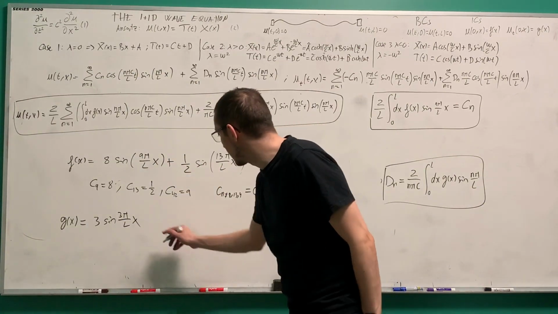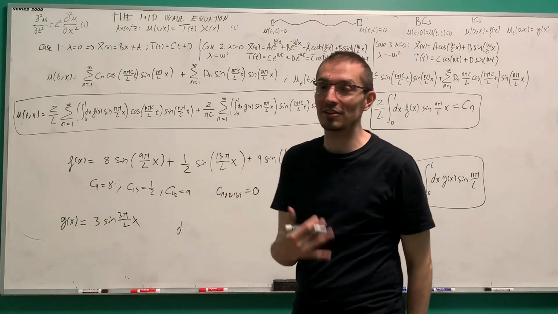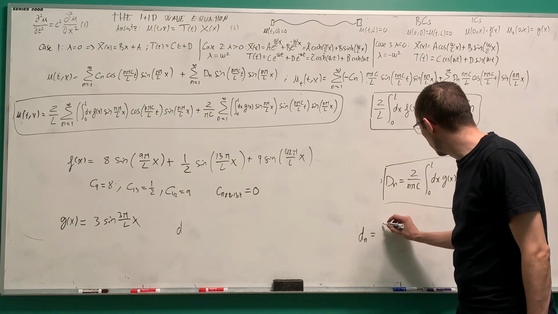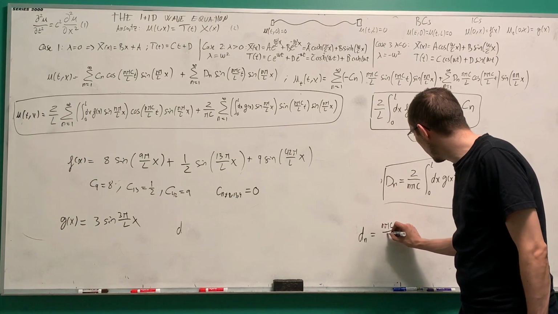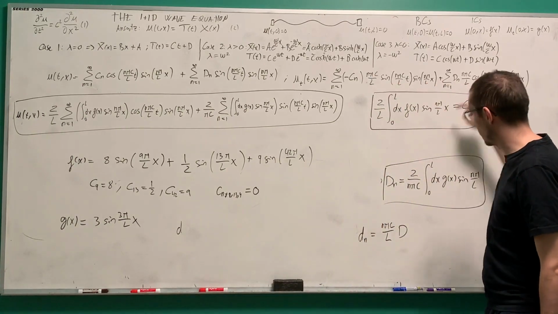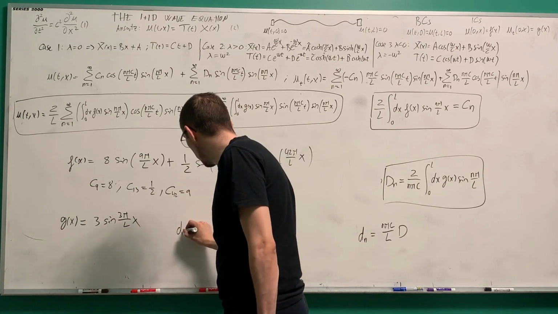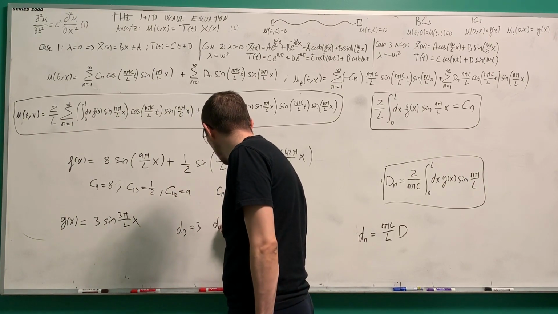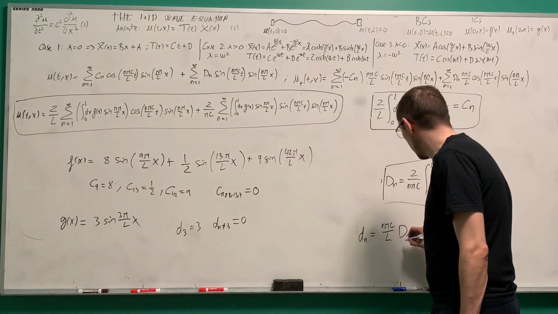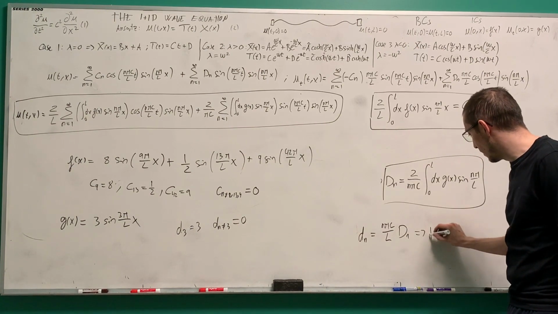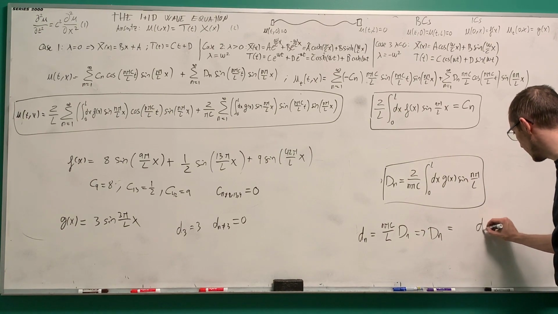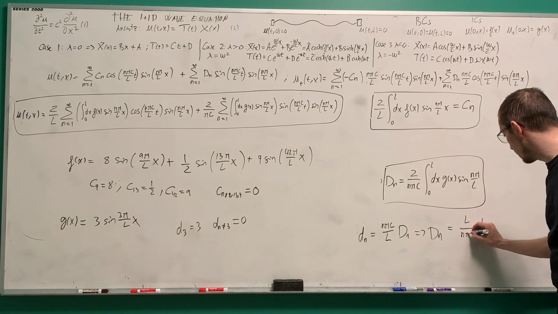We know, in this case, that small d, remember the coefficients here are the small d, not the capital D, and there was this relation: small d is equal to n pi c divided by L, capital D, if you remember. So the dn here, we know that d3 is equal to 3, and all the dn's different from 3 are 0. Cool. So that means that capital Dn is equal to small dn multiplied by L divided by n pi c.